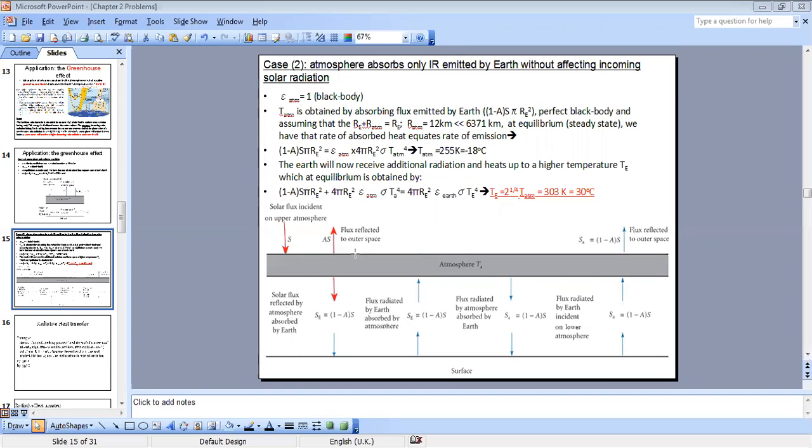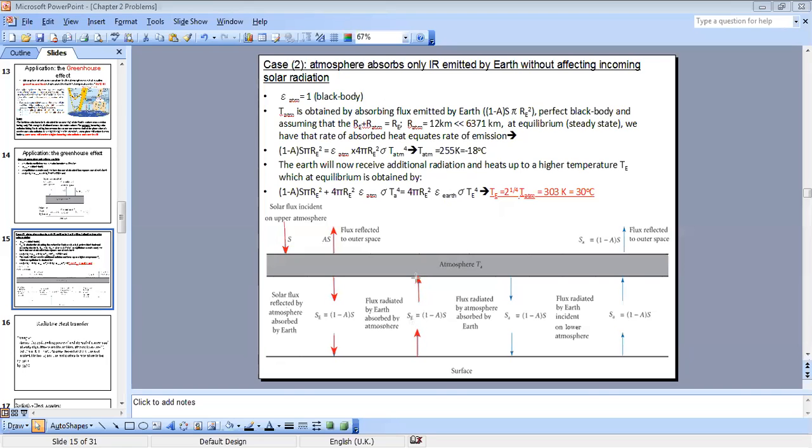Now, the difference is at this level. The earth will absorb, then radiate a flux, okay? But now, what will happen is that the atmosphere will not transmit it. It will absorb it, because we said that after hitting the Earth, the solar waves will change in wavelengths.